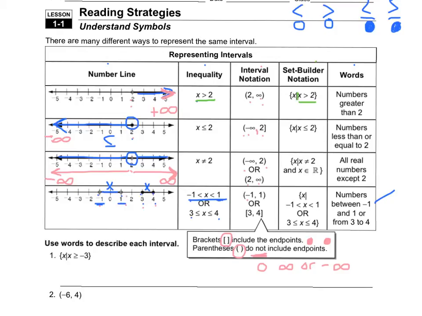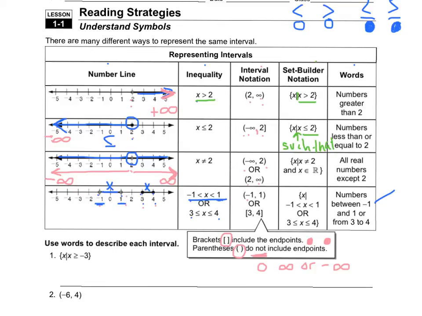So when you say set builder notation, you just say all numbers such that, and then you say the inequality, x is greater than 2. So right here we would say all numbers such that x is less than or equal to 2. So that little bar right there, it basically means such that, if you want to jot that down.